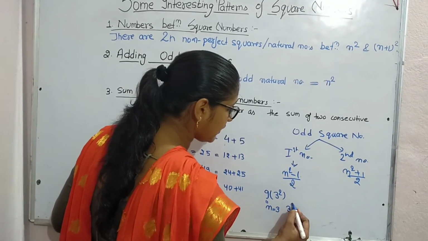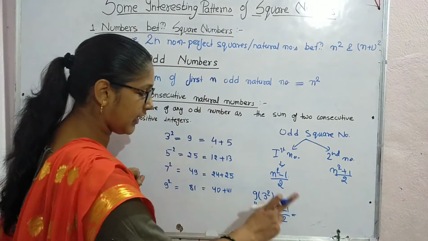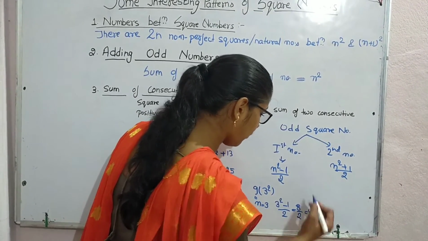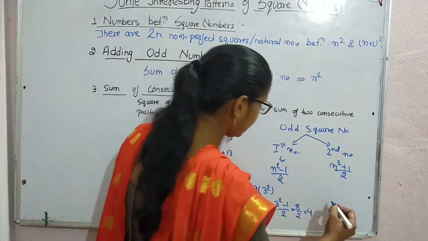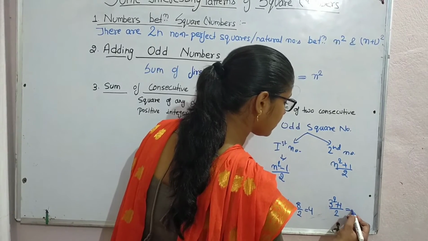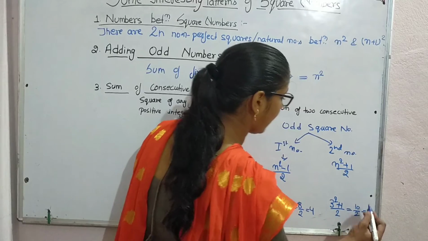So (3 square minus 1) by 2, which is equal to (9 minus 1), 8, 8 by 2, which is equal to 4. And the second number is (3 square plus 1) by 2, which is equal to (9 plus 1), 10 by 2 equal to 5.